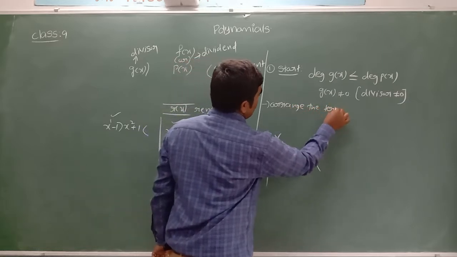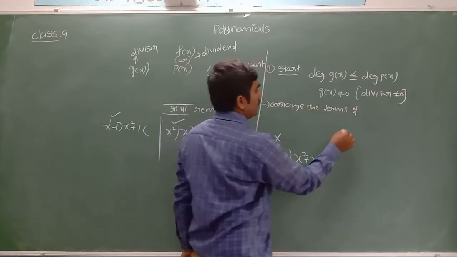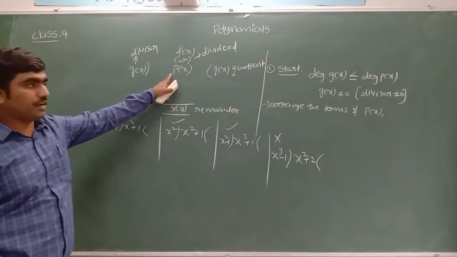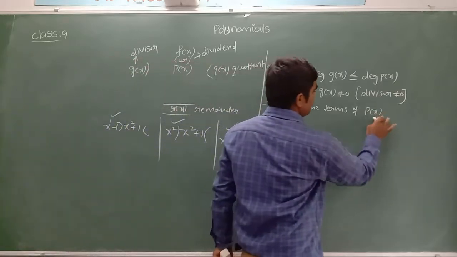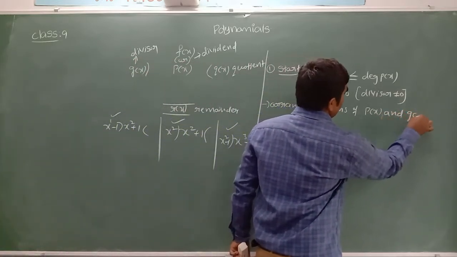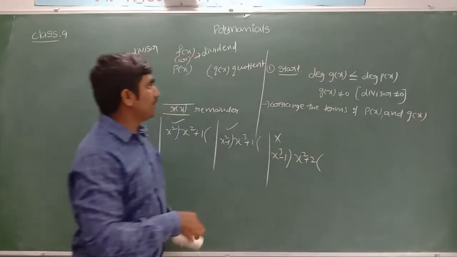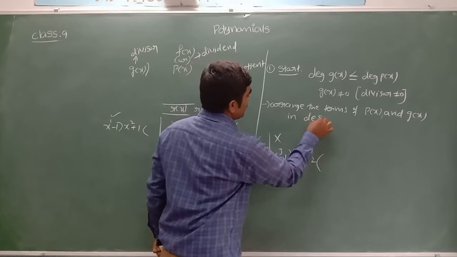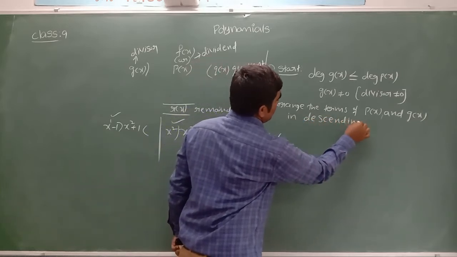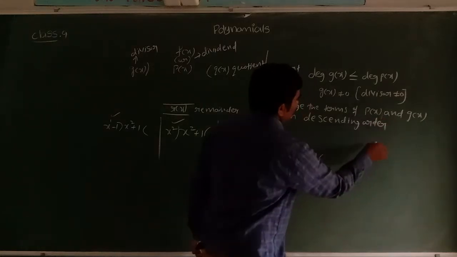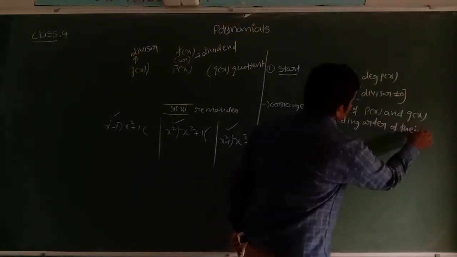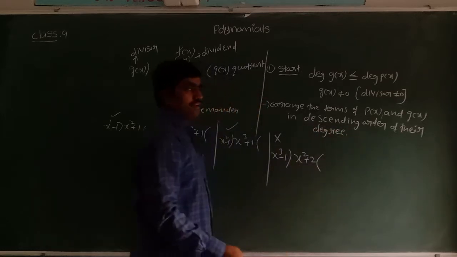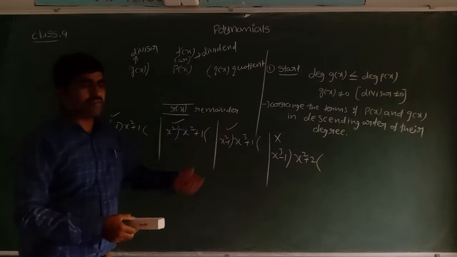We have to arrange the terms of p of x, I mean the dividend, and g of x, I mean the divisor, in descending order of their degree. Descending order of their degree. So that is the way we need to start.